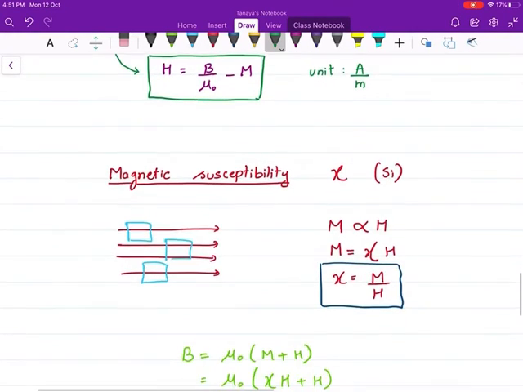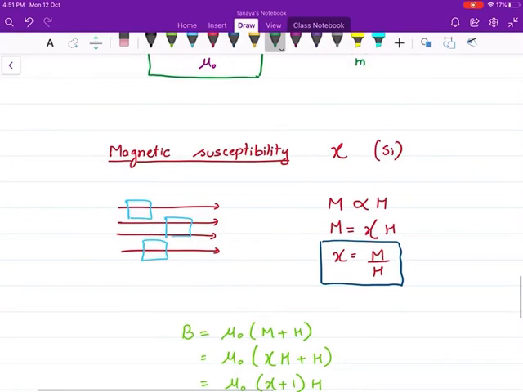Magnetic susceptibility. What does that mean? It is denoted by this particular symbol, called psi. Psi is the magnetic susceptibility. In English also, what does susceptible mean? How much prone you are to.